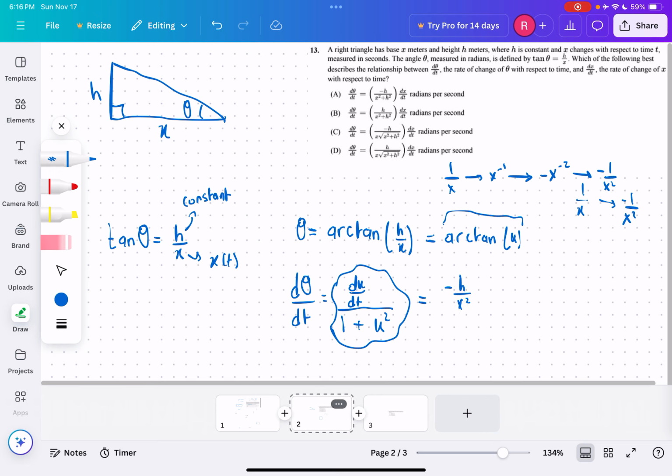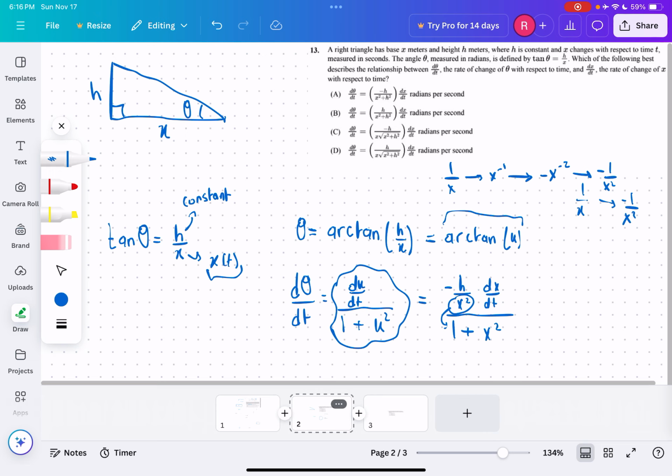But since x is a function of t, if we want to apply the chain rule, we have to multiply this derivative by dx over dt, all over 1 plus h over x to the power of 2. Now, x to the power of 2 is able to multiply the denominator because over here you have a fraction in the numerator.